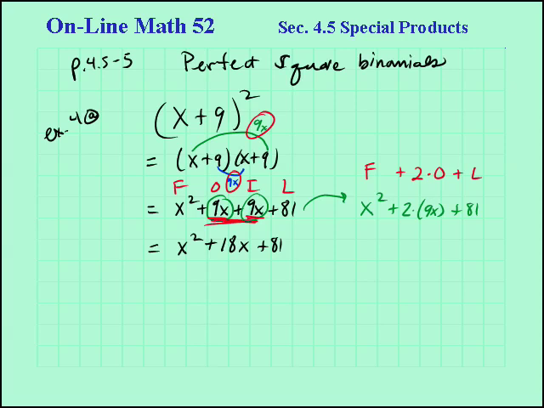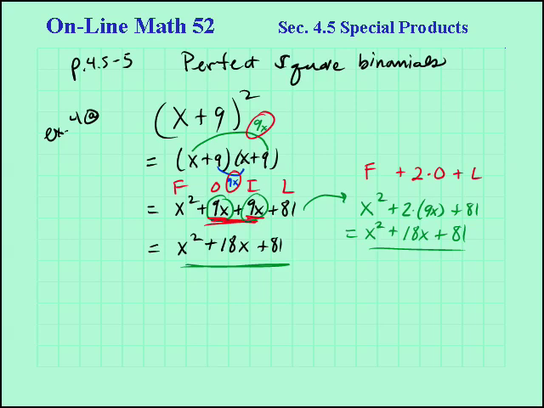We could just say, it's 2 times the outer product. 2 times 9x. This gives us x squared plus 2 times 9x, that's right, 18x, plus 81. Exact same answer here and here. Pretty cool? I like to think so.